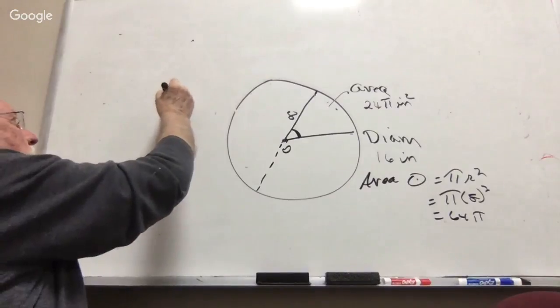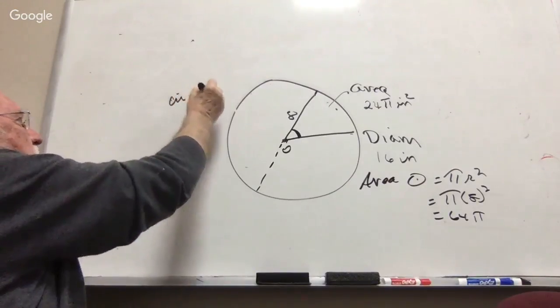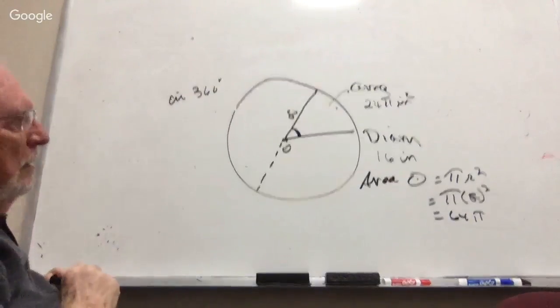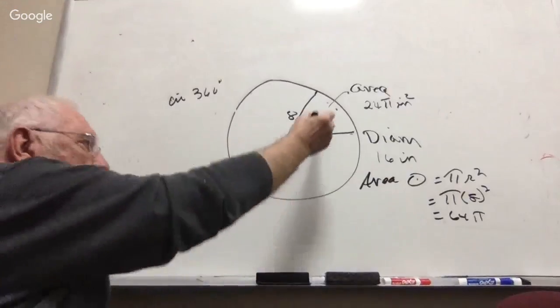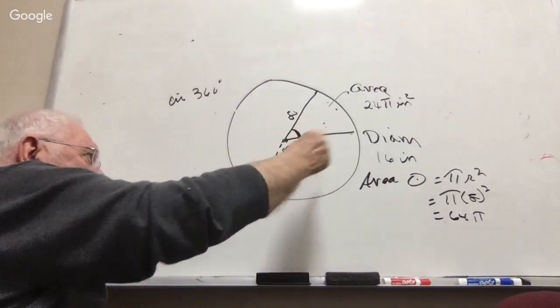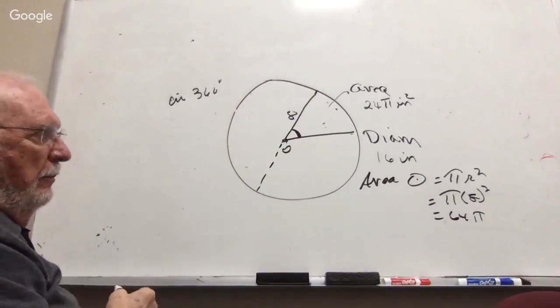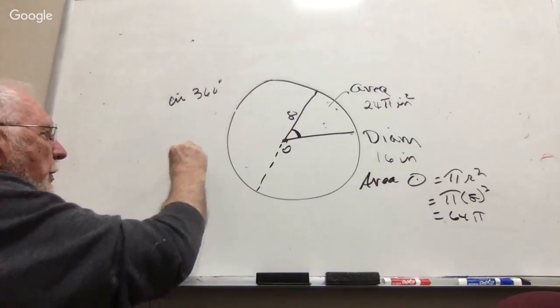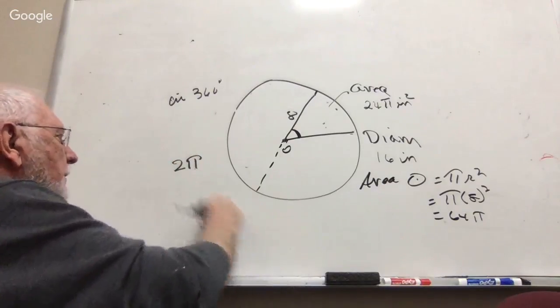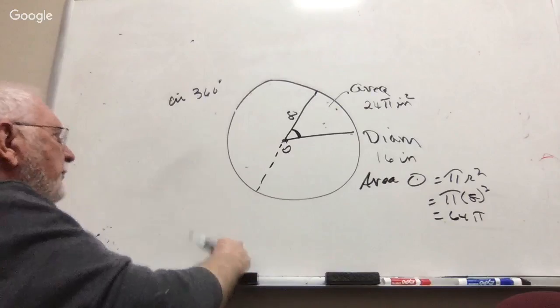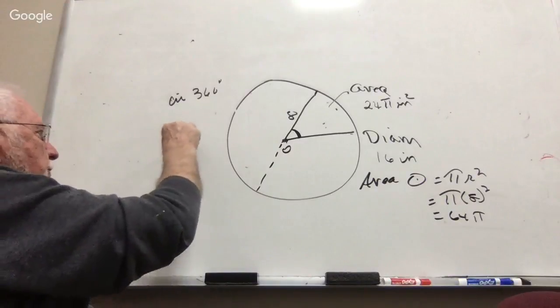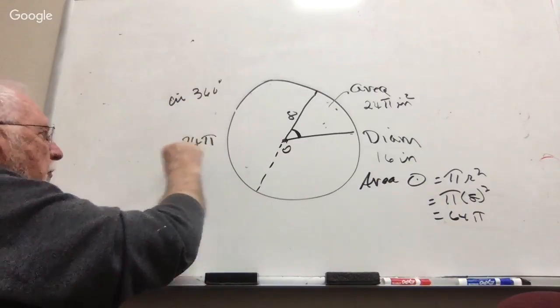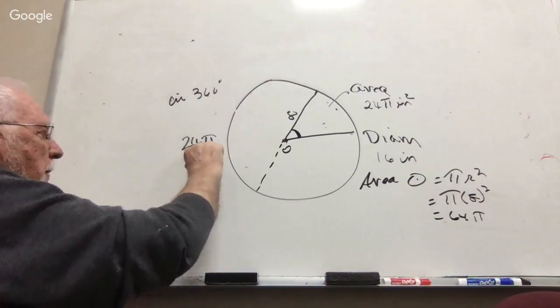We know that the whole circle has 360 degrees, right? Now, what percentage part is this of the whole circle? Well, it's 24 over 64, right? So the ratio is 24 pi over 64 pi.